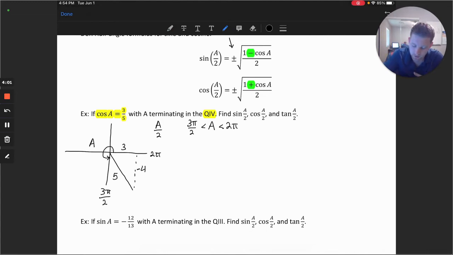If I consider dividing that angle by 2, I could divide everything here by 2, and I could figure out in what quadrant A over 2 will belong.